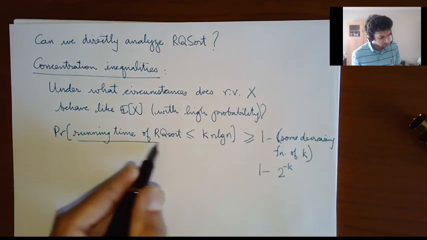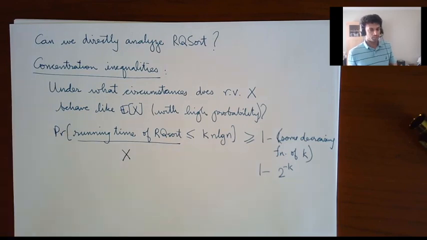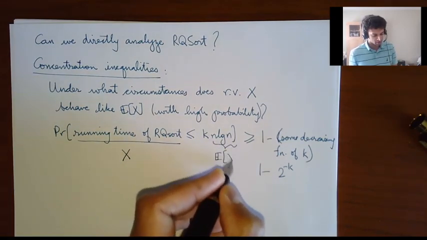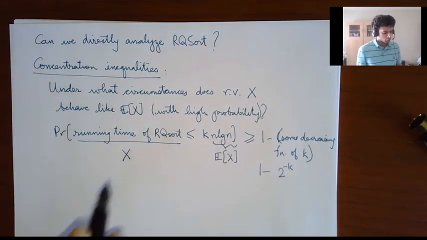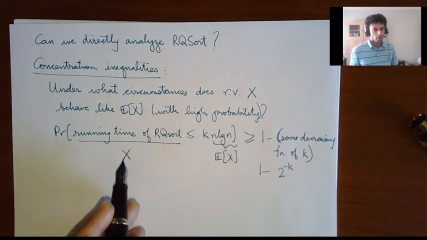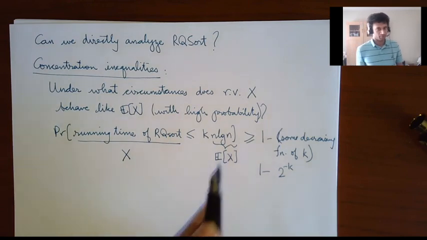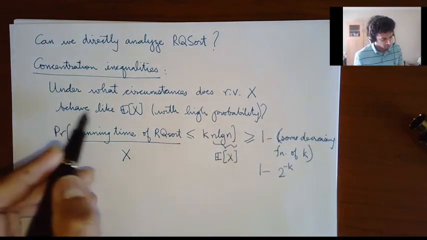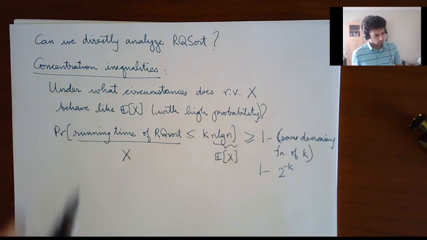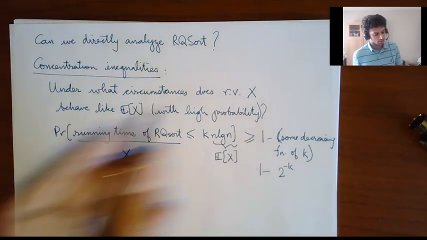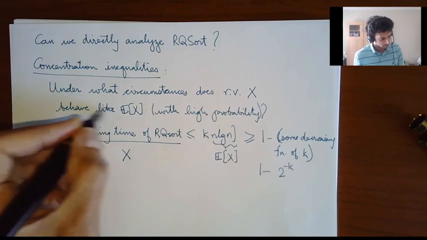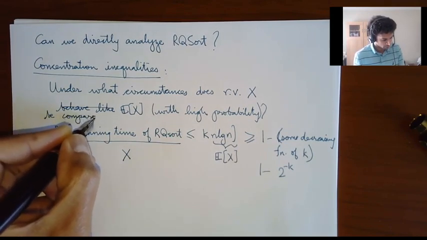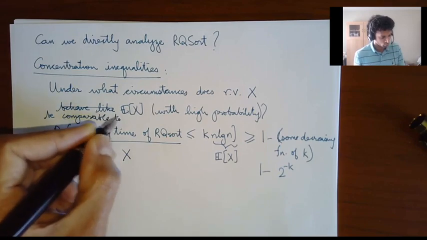So this is your random variable X, and n log n is the expectation of X up to some constant. You're trying to relate how often X deviates from the expectation. Behave like is a strange word; rather, under what circumstances is the random variable X comparable to its expectation?